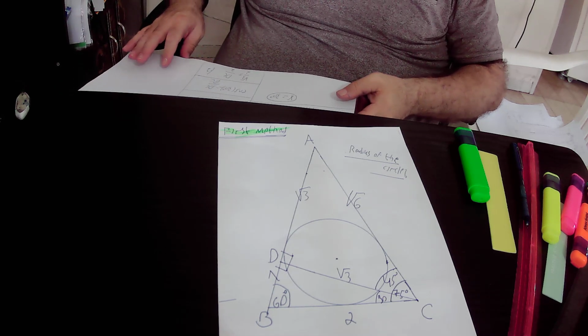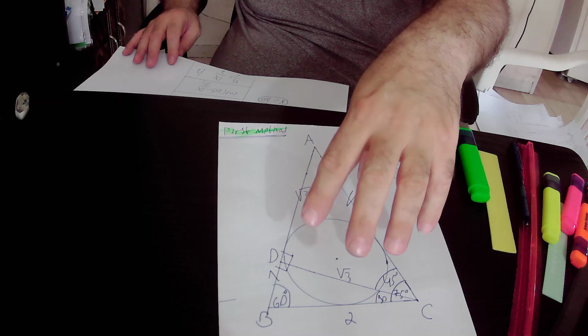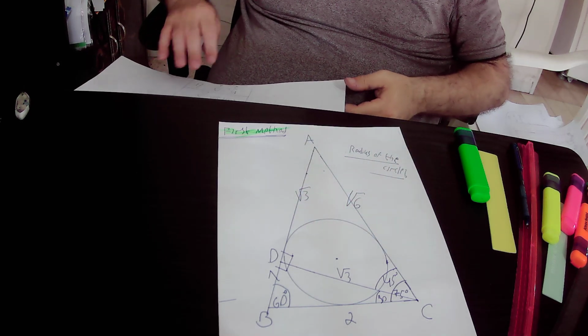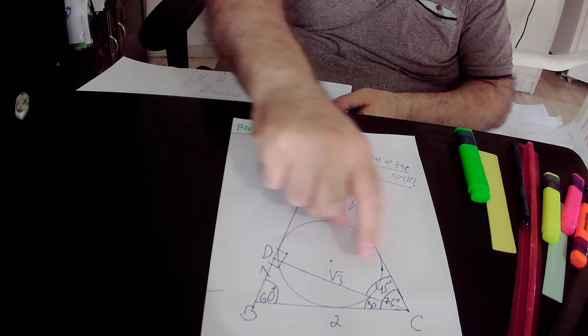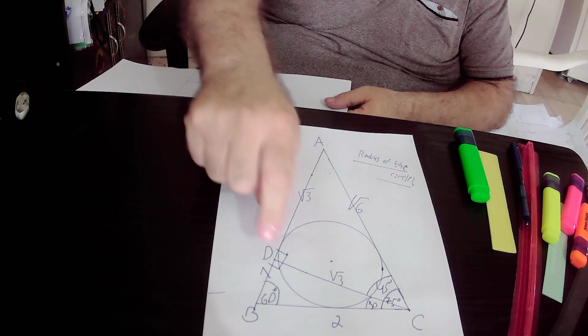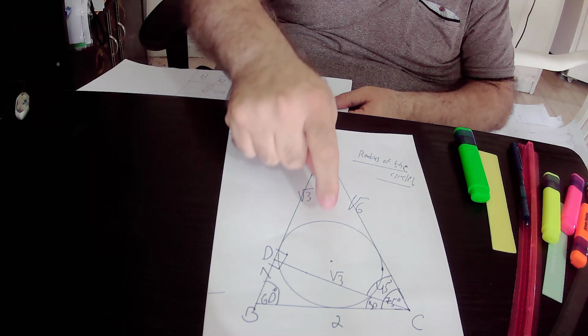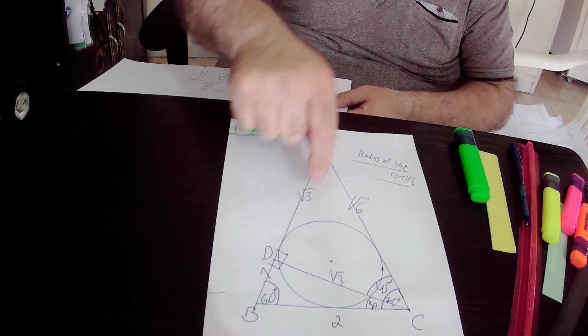Inside triangle ABC we have this circle. Actually, this circle is inscribed in triangle ABC. This angle equals 60 degrees, this angle equals 75 degrees. Side BC equals 2 units, and our mission is to find the radius of this circle that is inscribed in triangle ABC.